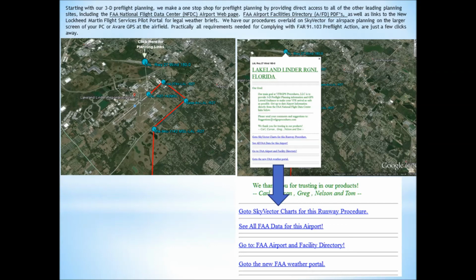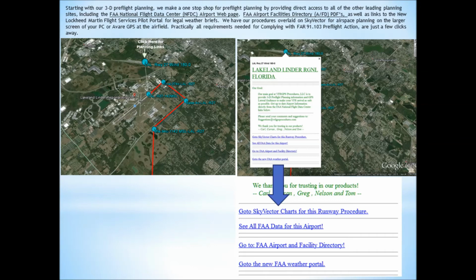We have our procedures overlaid on Sky Vector for airspace planning on the larger screen of your PC or AVAIR GPS at the airfield. Practically all requirements needed for complying with FAR 91.103 pre-flight action are just a few clicks away.